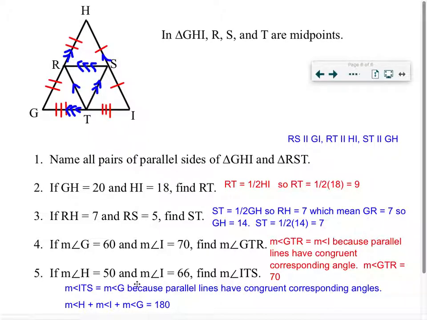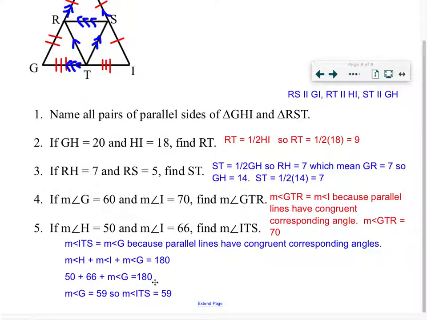In the next example, it's a very similar idea. I'm looking for ITS. Okay, here's ITS. It's using this parallel line with the 2 arrows. So it's going to correspond with this. Okay, and I'll use this as my transversal. So ITS, this angle, is corresponding with angle G. The problem is they didn't tell me angle G. So as I move down, they told me angle H and I know that angle H, angle I, and angle G together equal 180.